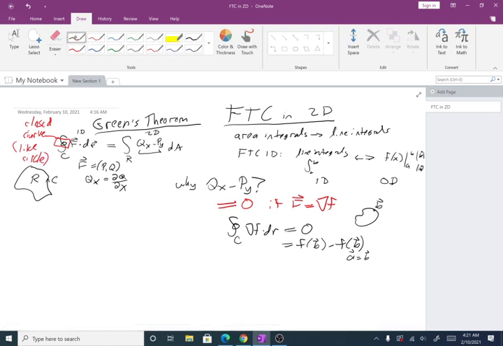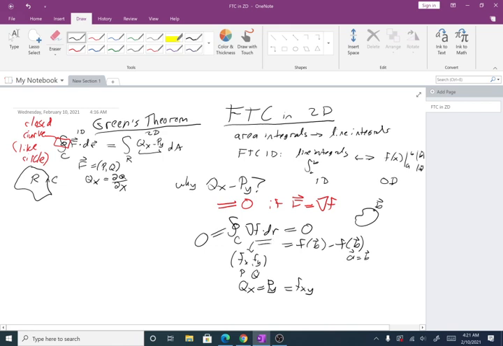So remember that a gradient is just (fx, fy). So surely if that's P and that's Q, then Qx will equal Py, and these will both just be fxy. So that's 0. And this is 0.